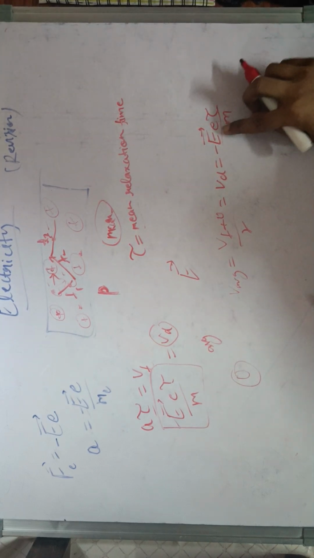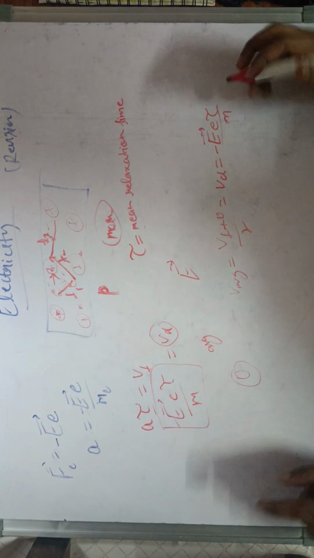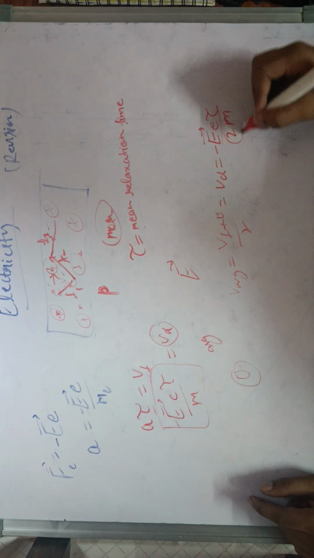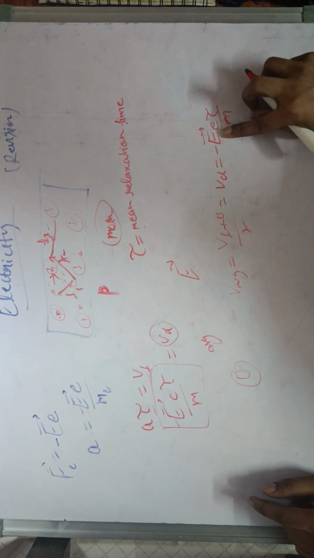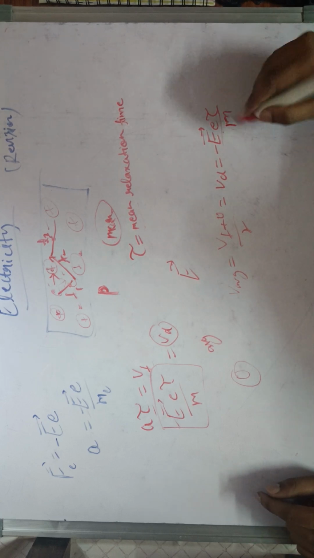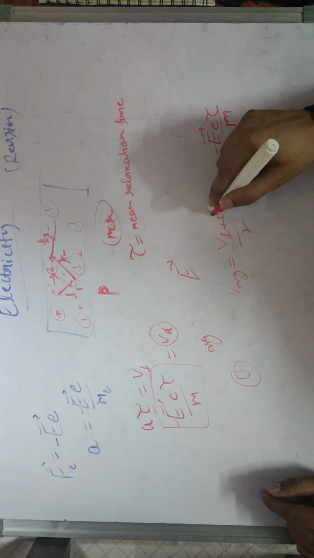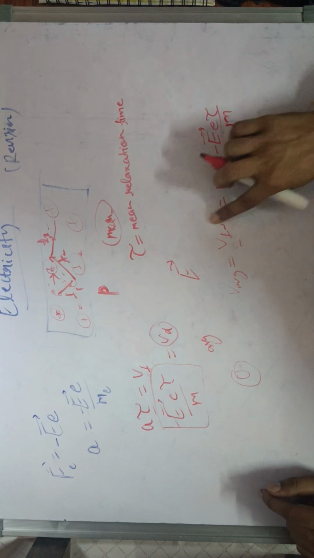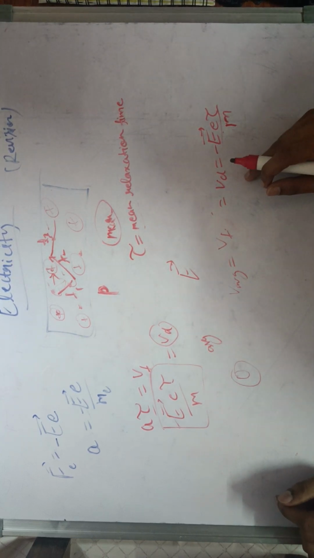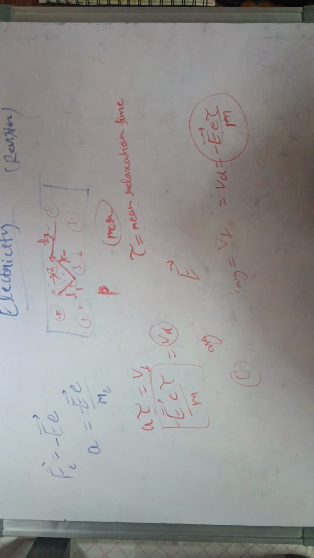we don't take this 2 in NCERT. In some books there is this 2, in some books it is not, but according to NCERT, we will not take 2 here. So we will not take the average; we will simply take the final velocity we have calculated as the drift velocity.